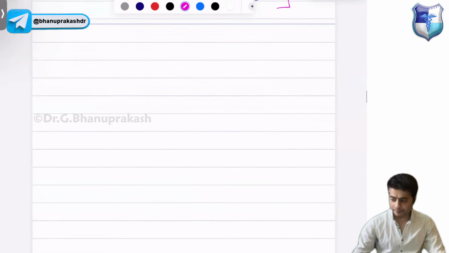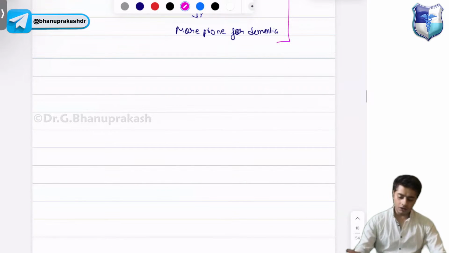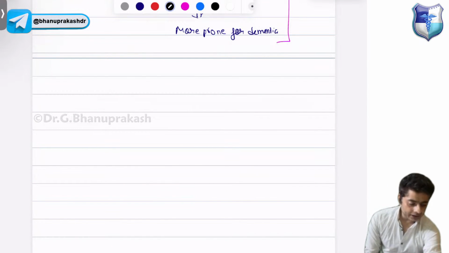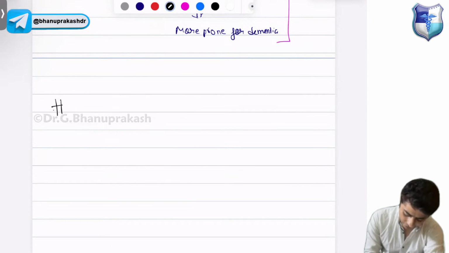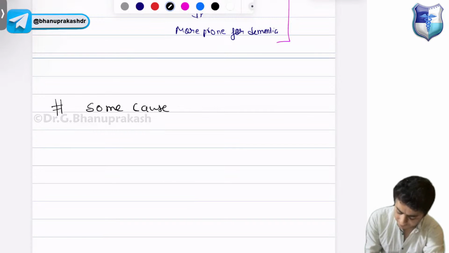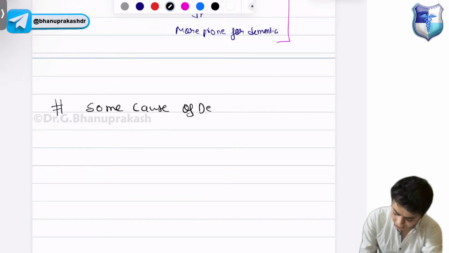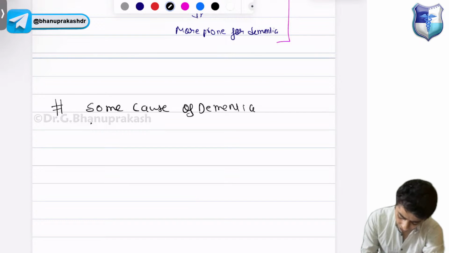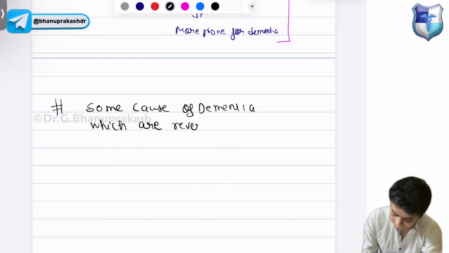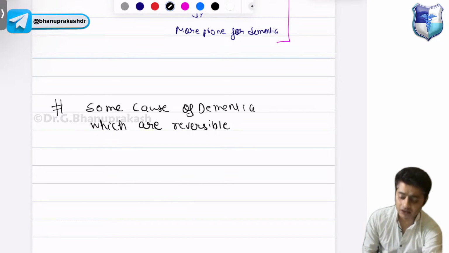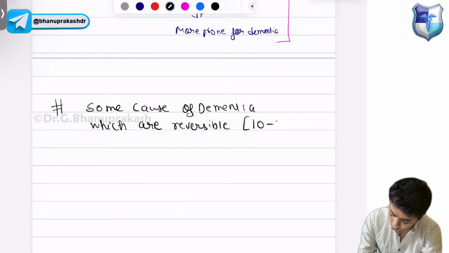Now before we move further into dementia, we will first understand that there are some causes of dementia which are reversible, and they are only about 10 to 20%.